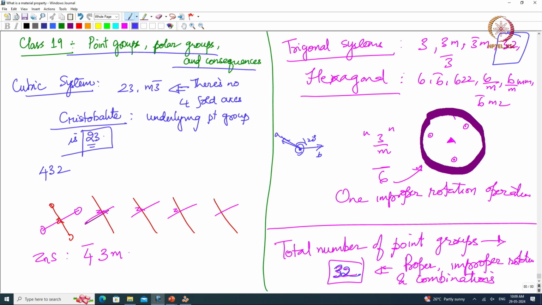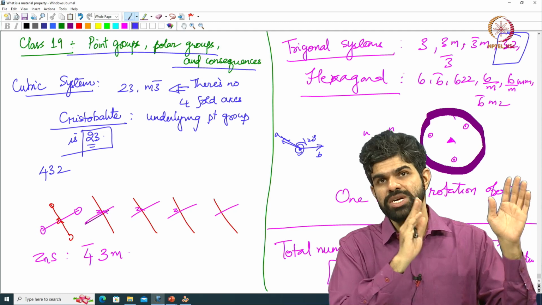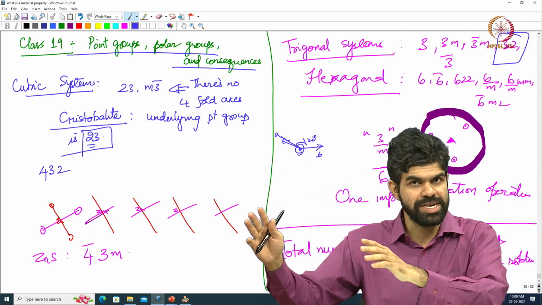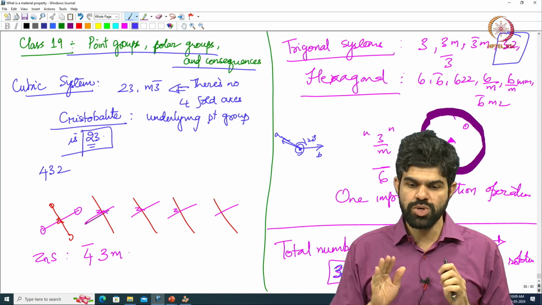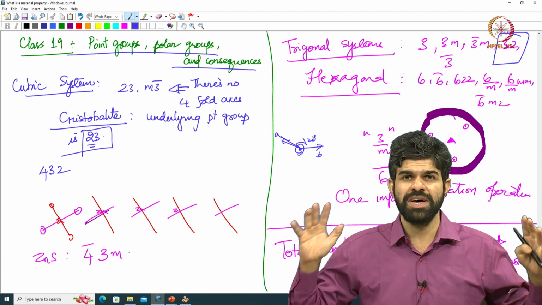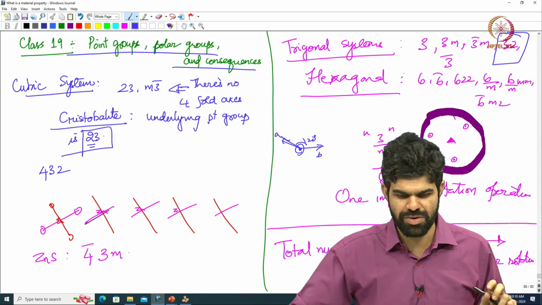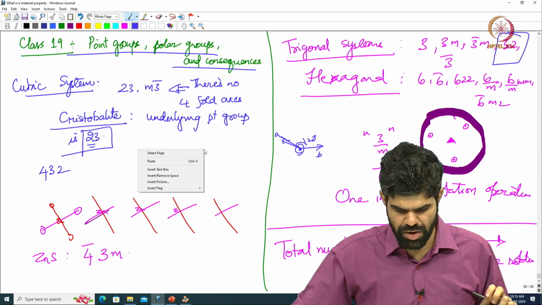The reason is that I am just considering proper and improper rotations which are 1-fold, 2-fold, 3-fold, 4-fold and 6-fold only and nothing else, which tells me that these are the rotations which are compatible with translational symmetry. So, that is where the translational symmetry aspect is coming in. Okay. So, just keep all these facts in mind, and everything becomes smooth sailing from then on.